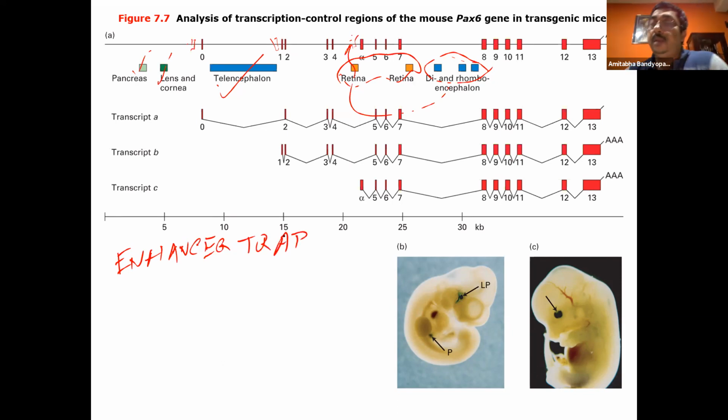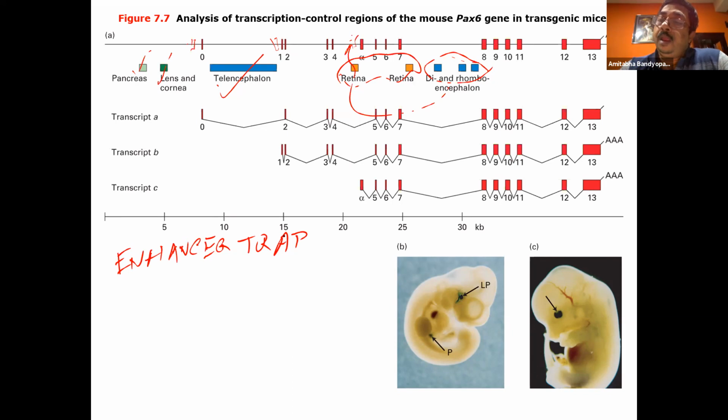Enhancer trap is a very interesting experimental concept. You take a reporter and put some DNA sequences in it that allow it to be integrated in the genome, somewhat randomly.